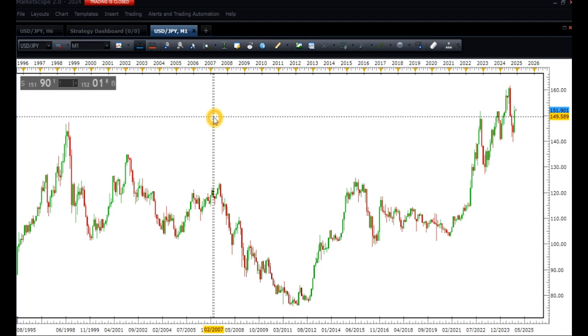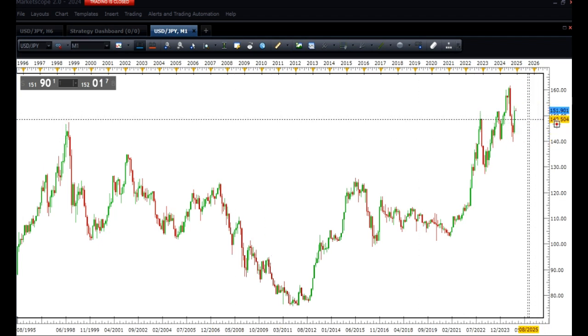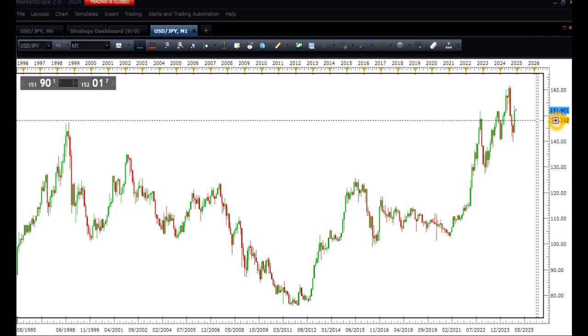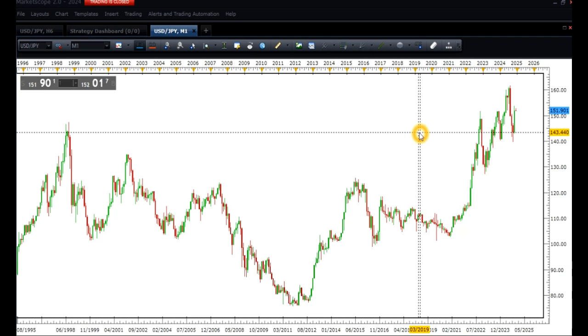So the point I'm making here is you will have to figure out, depending on which broker you are using, how many lot sizes you should be trading. Your figure might be 0.5 lot size, it might be 0.2 lot size, it could be 5 lot sizes.